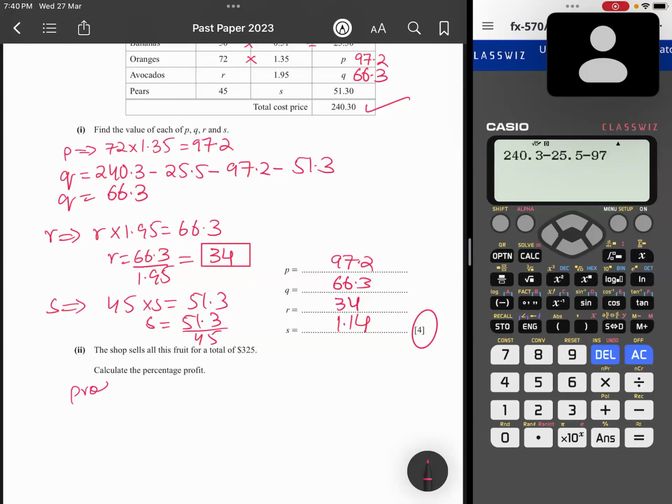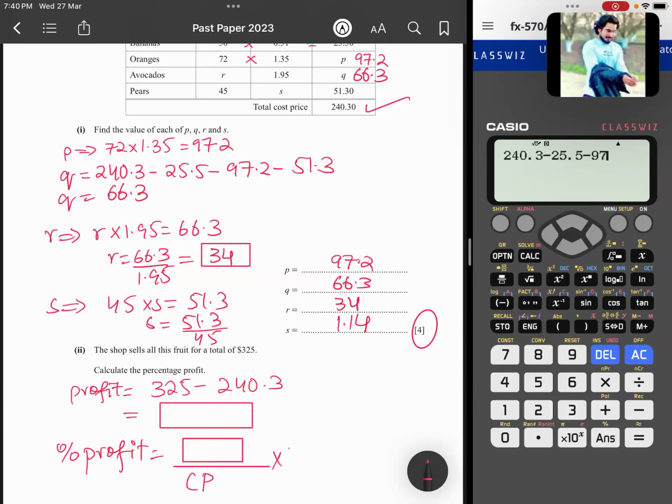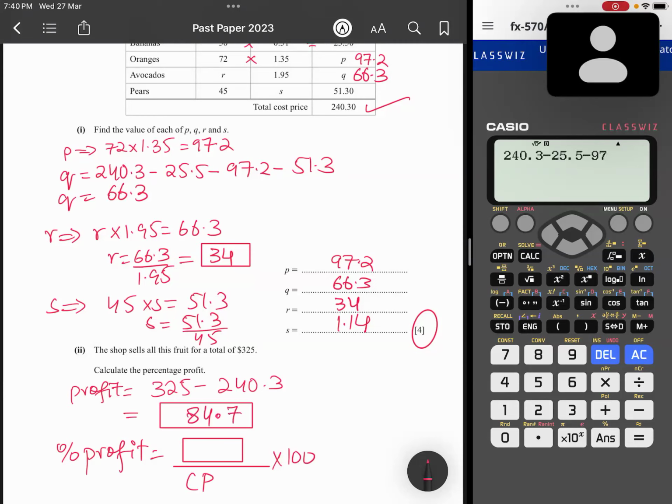Okay, the total cost is this much. So profit is equal to sale price minus cost price, which is 240.3. So what is the answer here? 84.7.